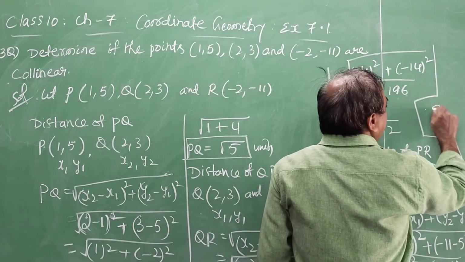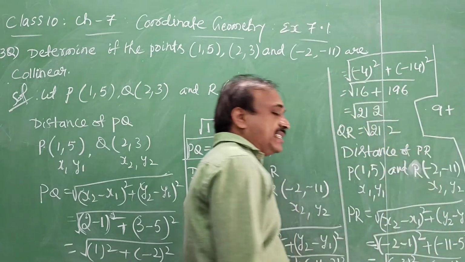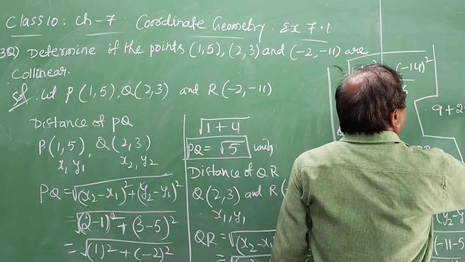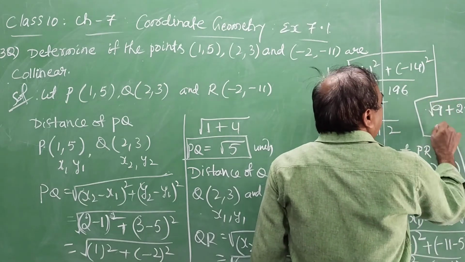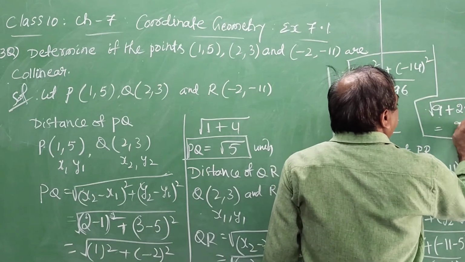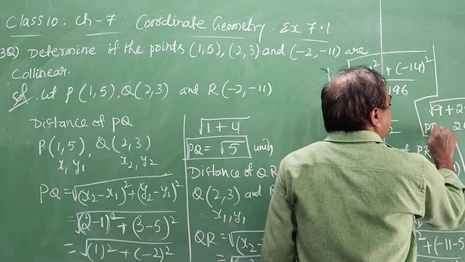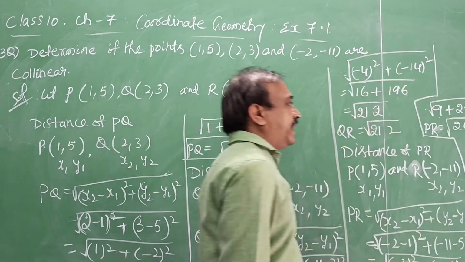Minus 16 whole square is 256. Root 256 plus 9 will give you 265, which is the PR distance, equal to root 265.